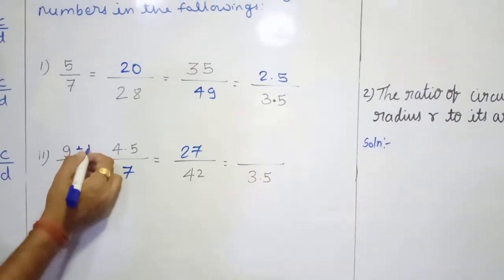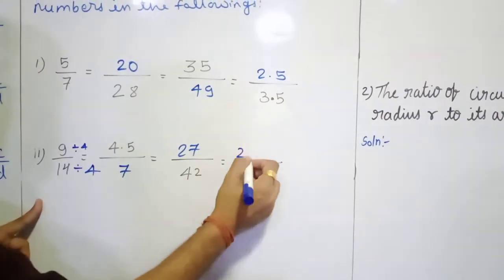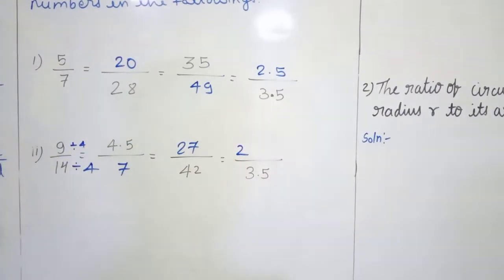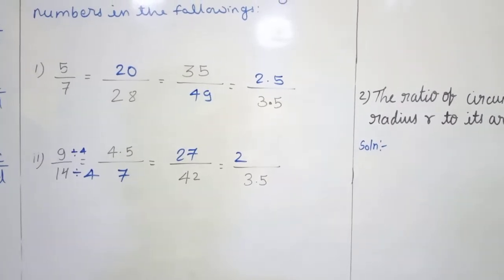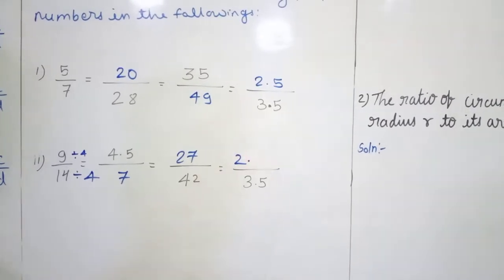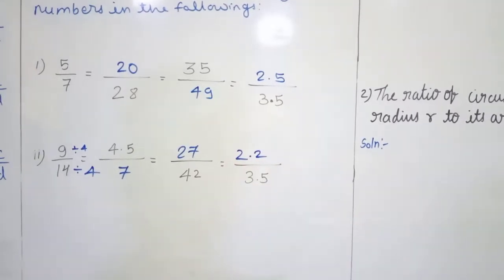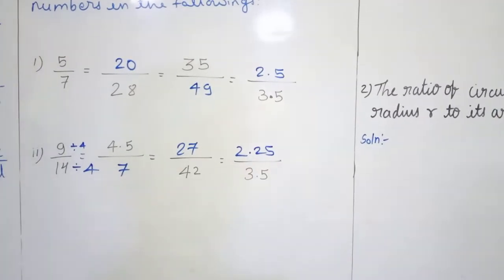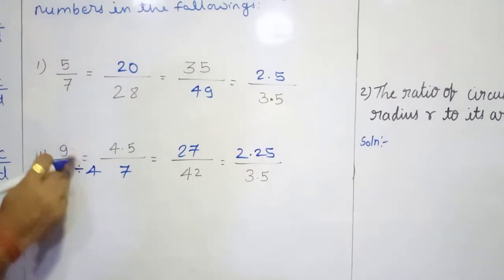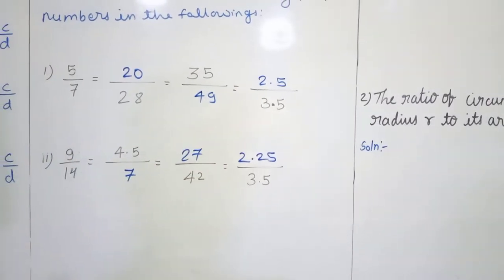Now we have to divide the 9 also by 4. 4 2s are 8. 9 minus 8 is 1, it becomes 10. Put the decimal point. 4 2s are 8. 10 minus 8 becomes 2 and 0, 20. 4 5s are 20. So this way we divide 9 by 4 and we got the answer.